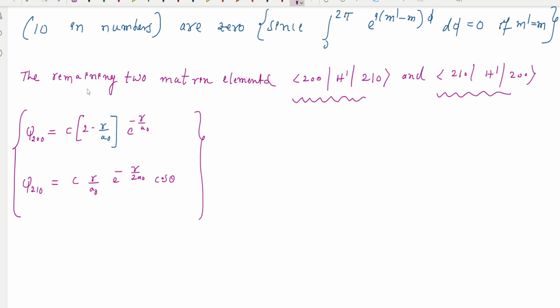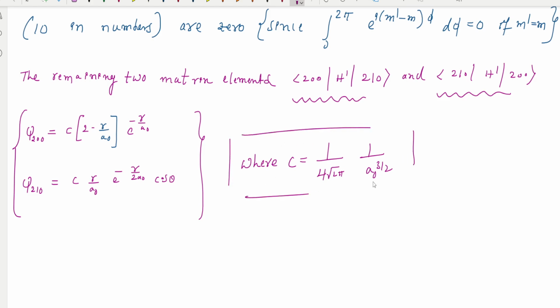Here C is 1 divided by 4 root 2 pi times 1 divided by a naught to the power 3/2, where a naught is the Bohr radius.